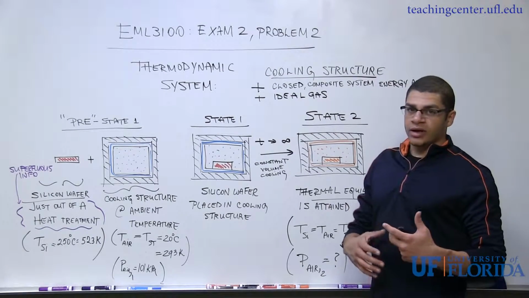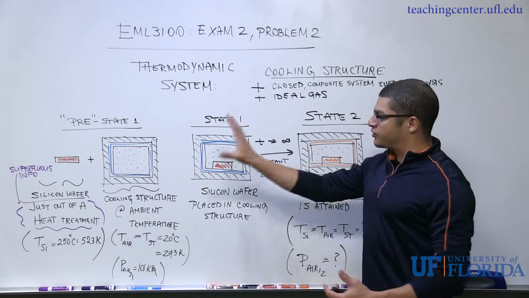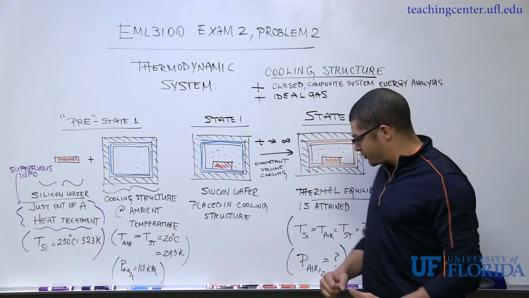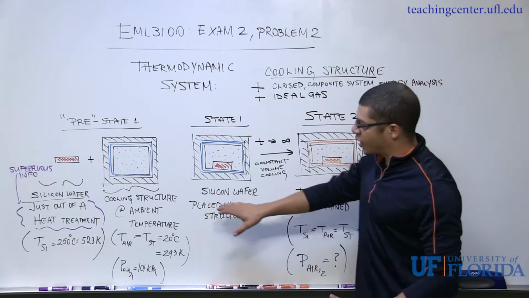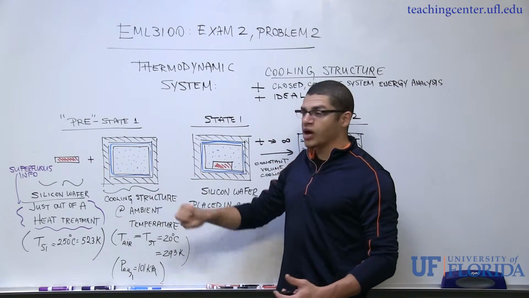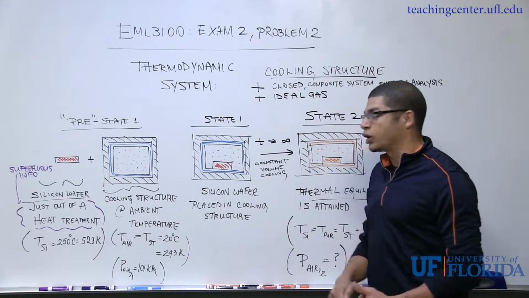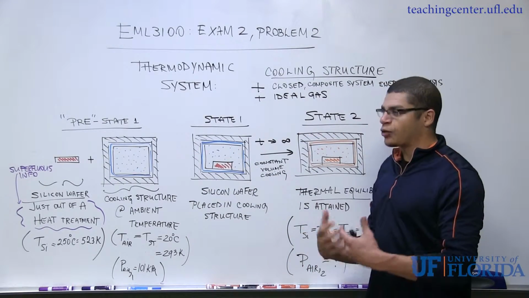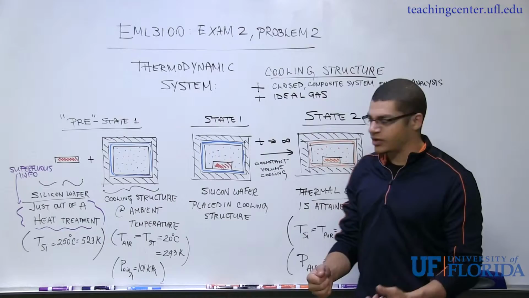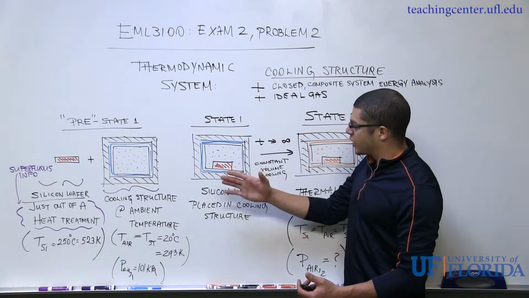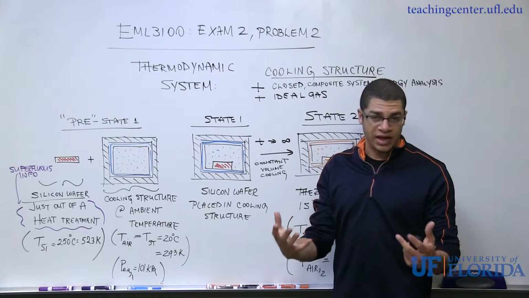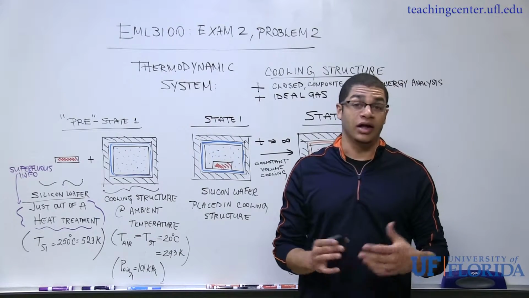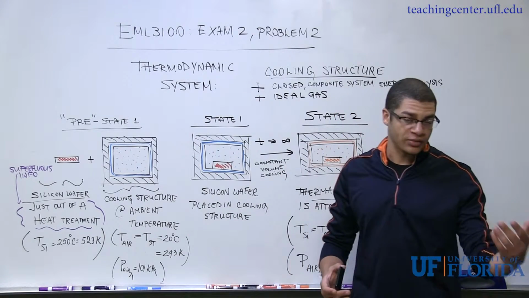In the subsequent sequence, I'll list the assumptions, and one of them needs to be something regarding the process. So once we place this silicon wafer in the box, how do we thermodynamically constrain the process? Are we allowing heat transfer to occur at constant pressure conditions, constant volume conditions, or something else?